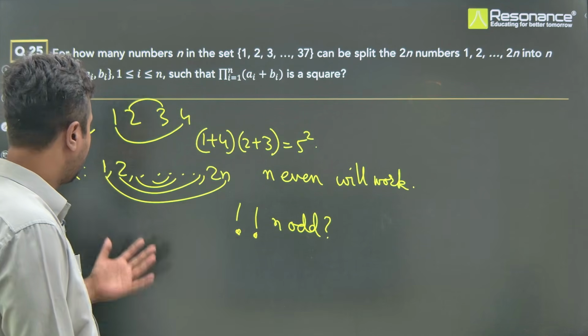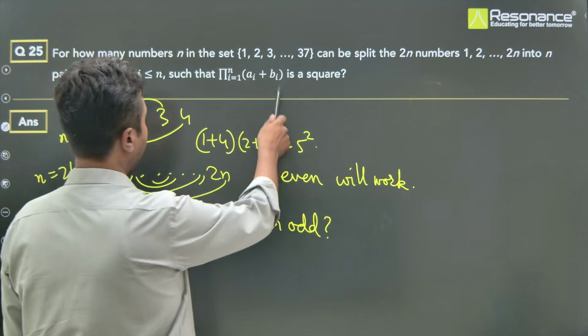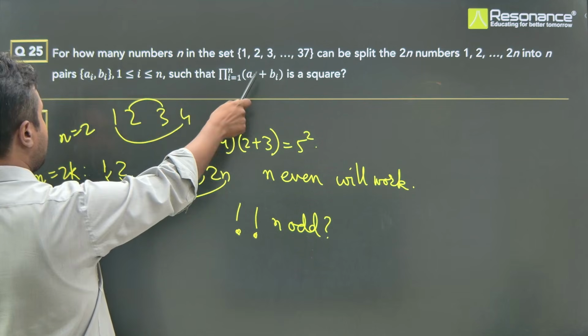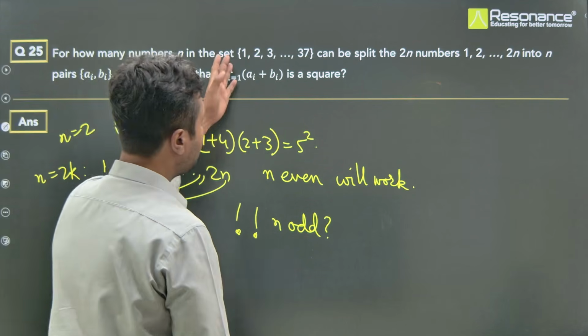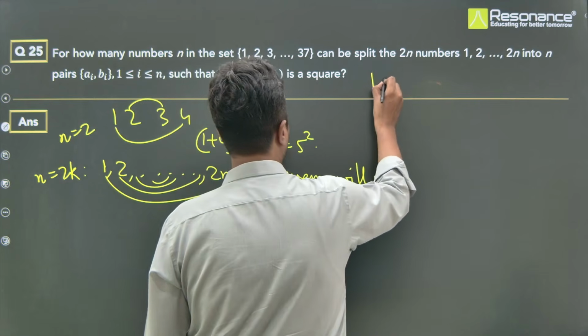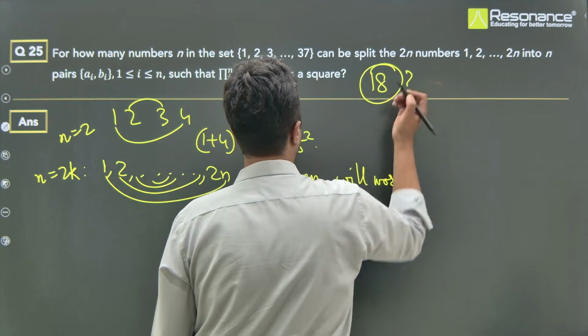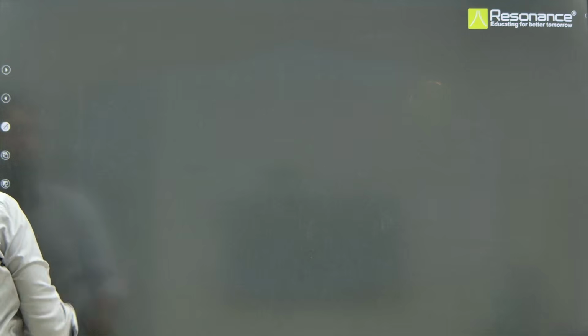But anyway, a decent guess after this much would be, okay, for how many n in that set can it be split into? Okay, so basically all the even numbers. So 2 up to 36, that's 18 of them. So I guess I would go with 18. Yeah. All right.